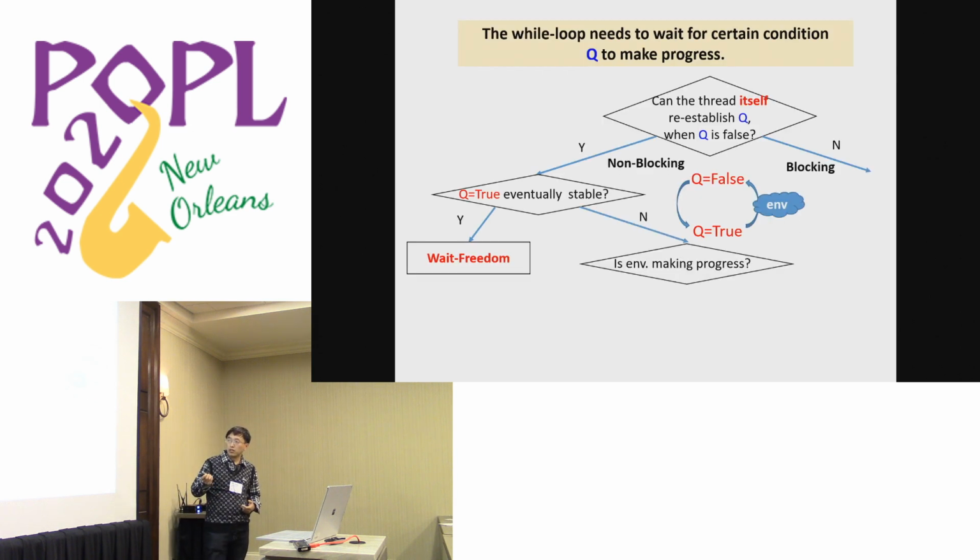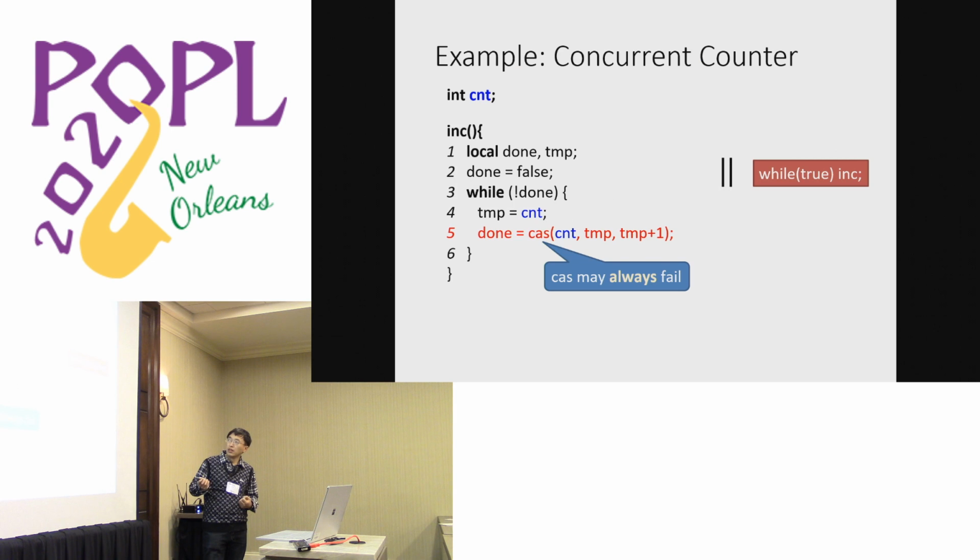And if this is not true, which means there could be infinite delay, then we have to ask another question: is the environment making progress? Still we look at this example. This case may always fail, as I explained, and this is bad since it may never terminate.